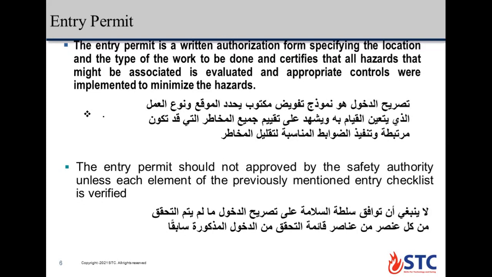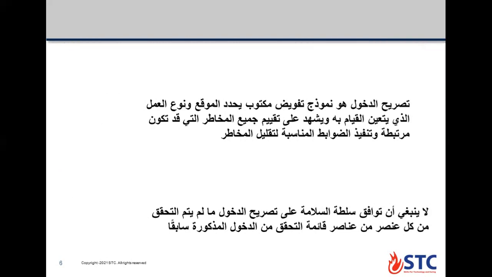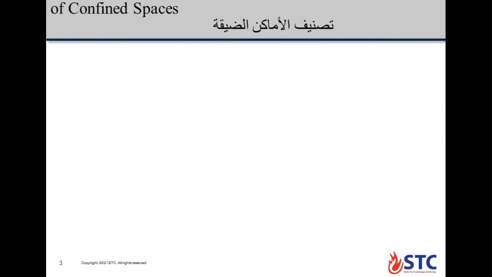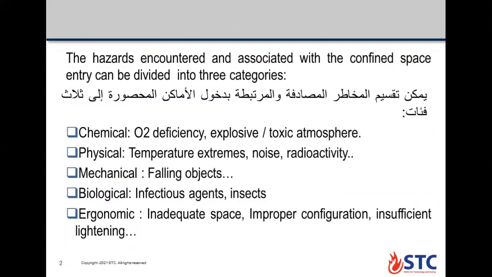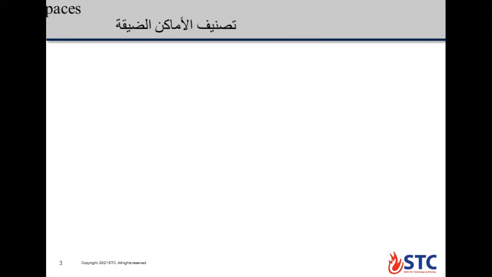Again, the entry permit is a written authorization specifying the location and the type of the work to be done and certify that all hazards, such as shown in the table, oxygen deficiency, flammability, toxicity, or other hazards, may be mechanical, biological, ergonomic, chemical, physical, any hazard.